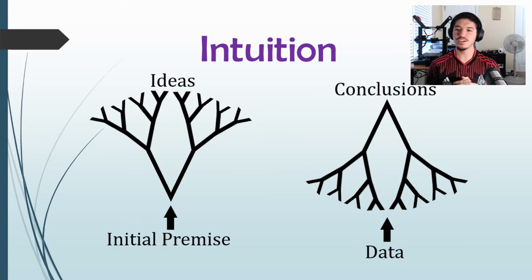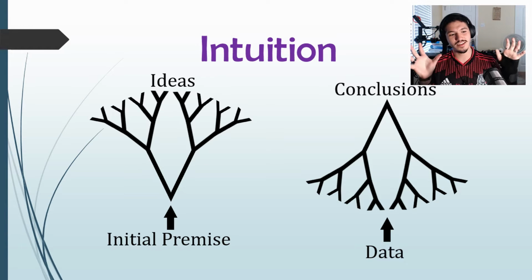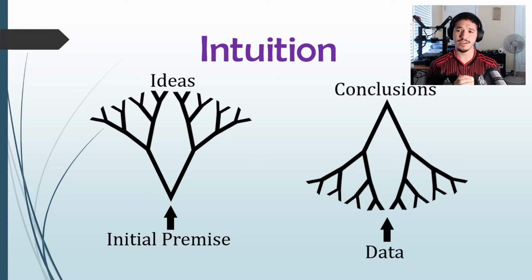For introverted intuition, people with it as their dominant function like to have everything ready. Like in my picture, they take all the data, and once they have all of the pieces of the puzzle, they can come up with conclusions, and they try to look for the most probable outcome.